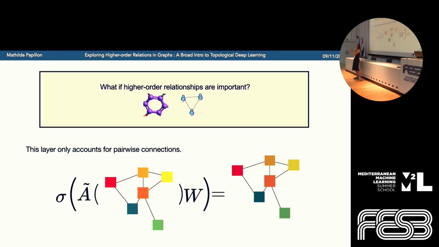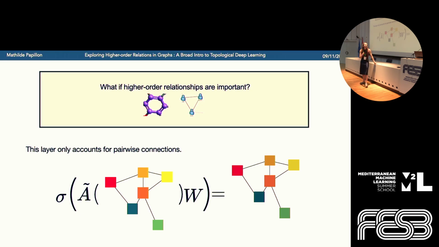So we are losing a ton of really important information with GNNs, and this is sort of an important realization that the field had 3 or 4 years ago, and topologists said, we might have an answer.